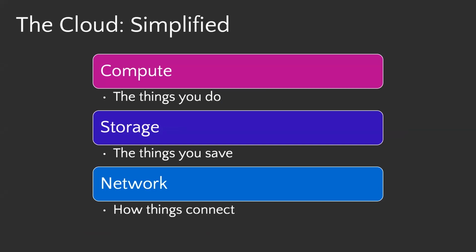Even in your local environment, you're using these three simple models: you have compute, you have storage, you have network. This is the basic of any cloud, and even if you are deploying in infrastructure as a service, a PaaS layer, serverless, or in your local environment.